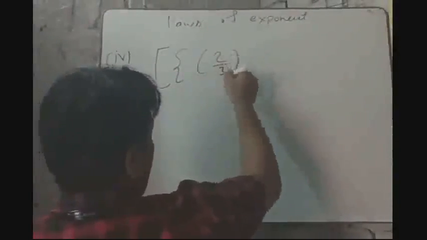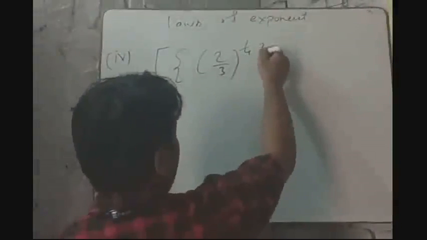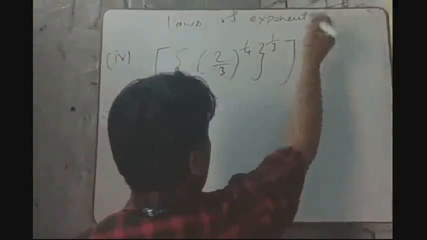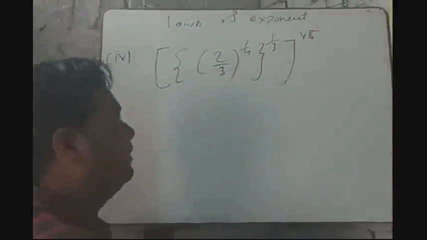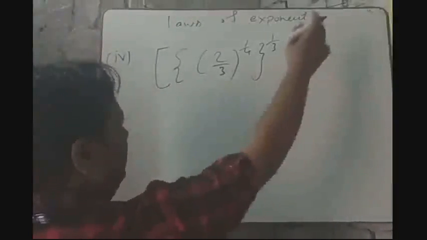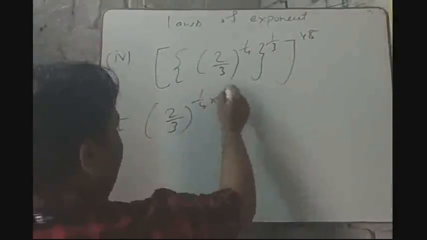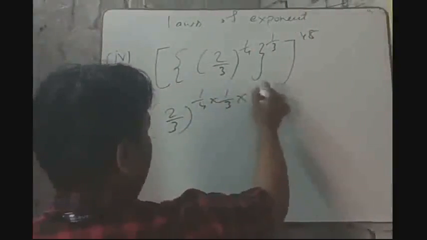Now fourth example is if by 3 to the power 1 by 4 to the power 1 by 3 to the power 48. Then what will we do? See, that is, again we will multiply all the value 2 by 3, 1 by 4, 1 by 3 and 48.